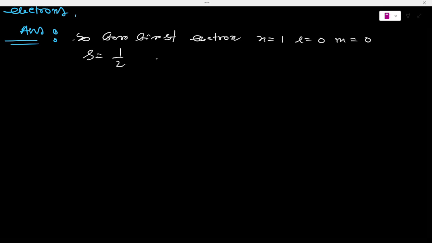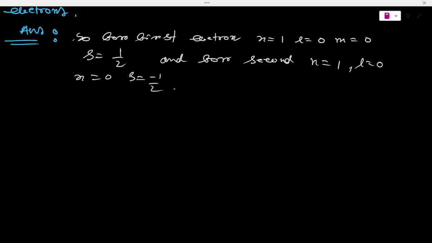For the second, n is equal to 1, L is equal to 0, m is also 0, and s is spin down, minus half.